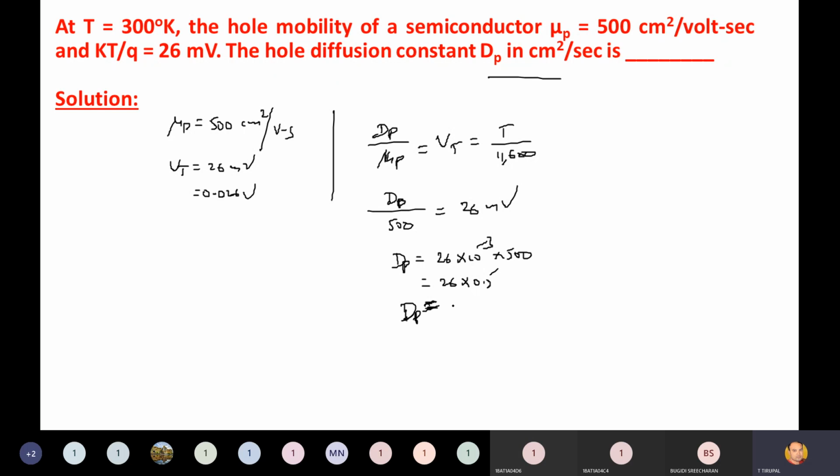What is the value? 26 into 0.5, 13. 13.00. 13 centimeter square per second.